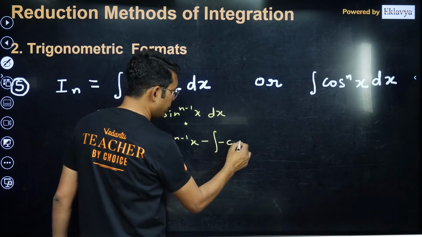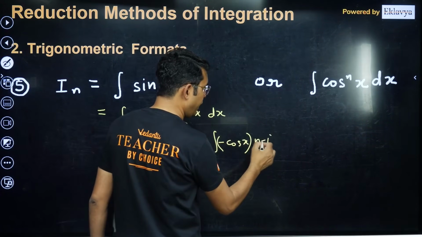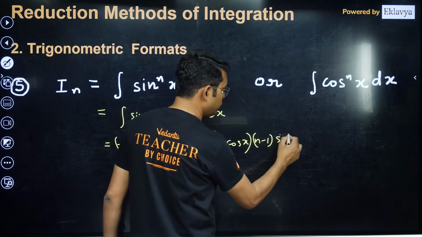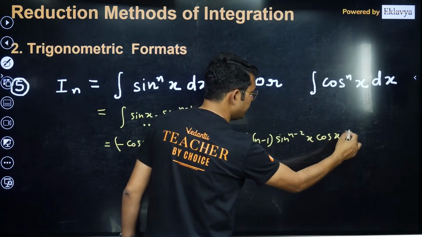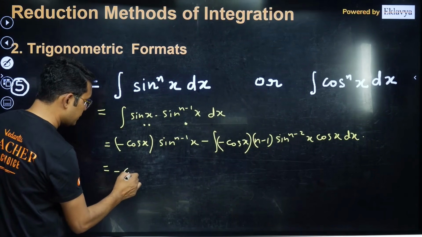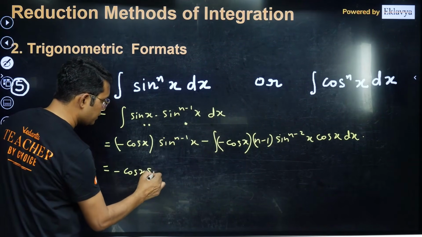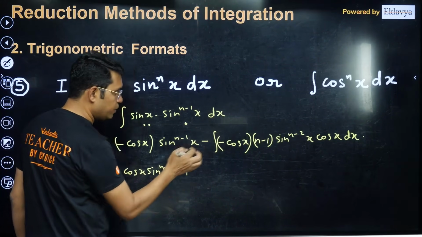For sine, the integration is minus cos x. For this, the differentiation will be n minus 1 sine raised to the power n minus 2 x into cos x dx.